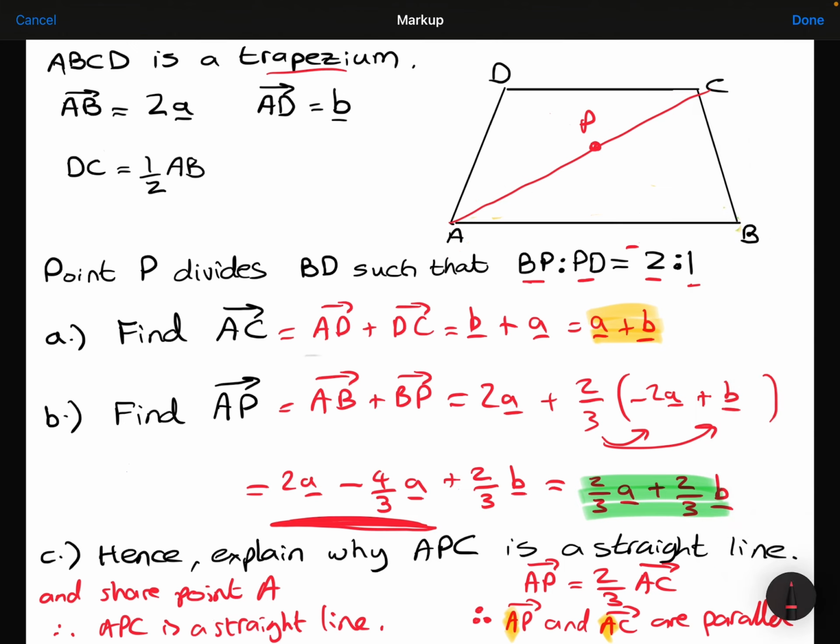You could instead have worked out the vector A to P and then worked out the vector P to C. That would still work, as long as they're both parallel, which they will be, and they both go through the point P, then that will again prove that this line APC is a straight line. You can pick any combination of A, P and C you like, as long as you have a common point and you show that the two vectors involving that common point are both parallel.